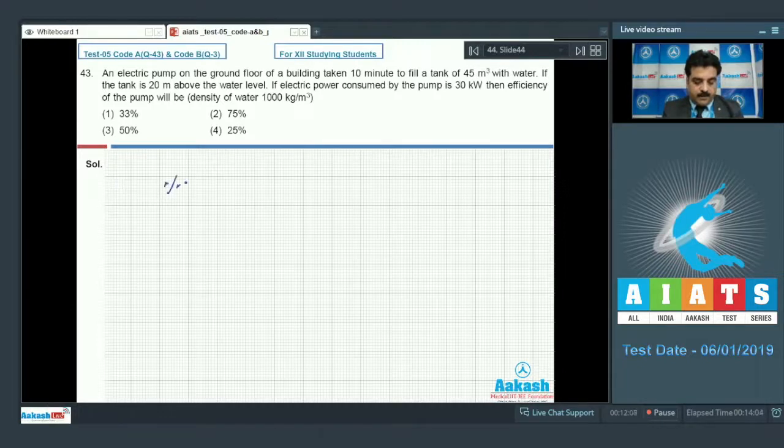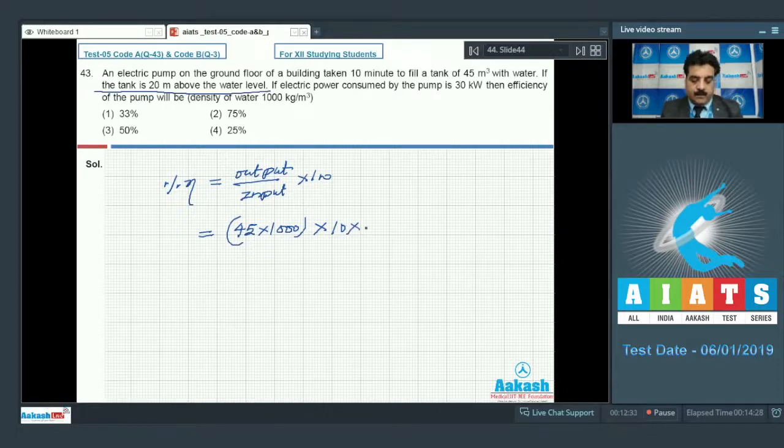In terms of percentage, efficiency means output to the input into 100. For the output, you will write volume into density, which gives you the mass, multiplied with 10, because the question says the tank is 20 meters above the water level.